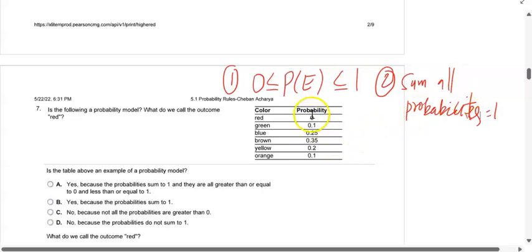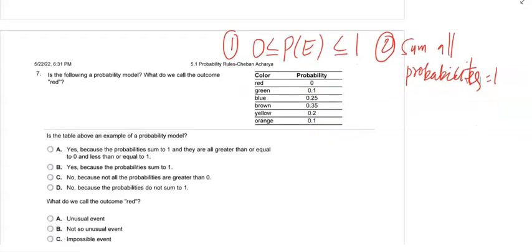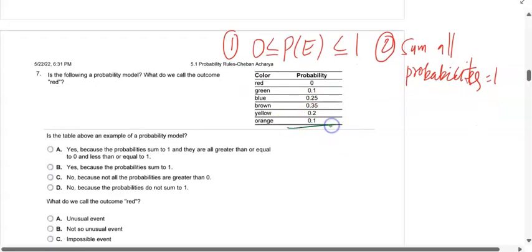And if you see the probabilities here, all probabilities are between 0 and 1, so we're good. The first criteria is satisfied. For the second criteria, if you add all the probabilities, the sum must be 1.